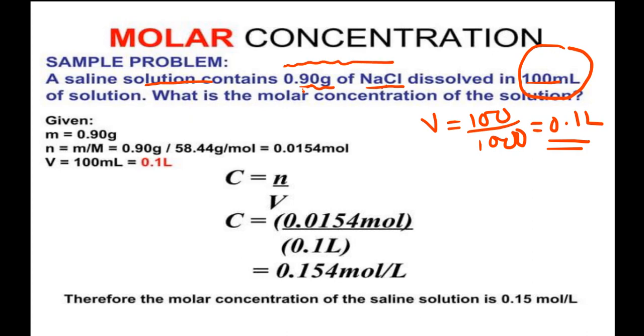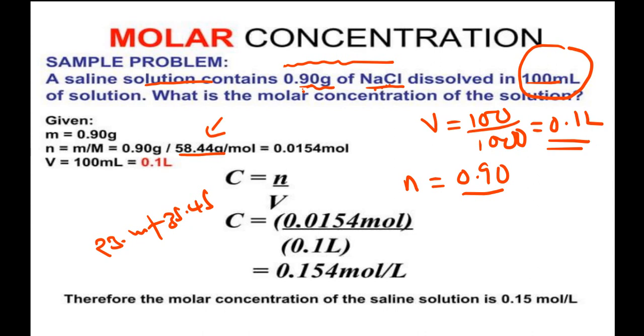For the molar mass, you add 23 point something, plus 35.45, and you should get something like 58.44. So 58.44 is the molar mass of sodium chloride. We are going to divide by it, 58.44, and you just punch that onto your calculator.